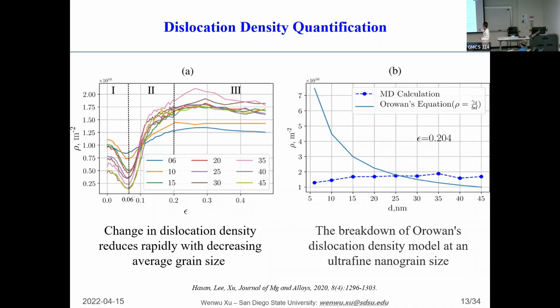So when the grain size is less than approximately 20 nanometer, the dislocation dominated deformation mechanism is no longer the most important mechanism. The grain boundary dominated deformation mechanism becomes more important. This tells us the rough transition from dislocation dominated to grain boundary dominated deformation mechanism is approximately 20 to 25 nanometer.